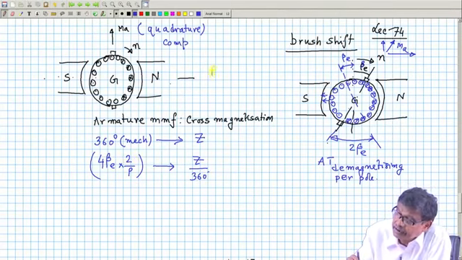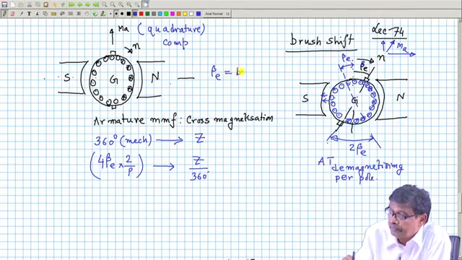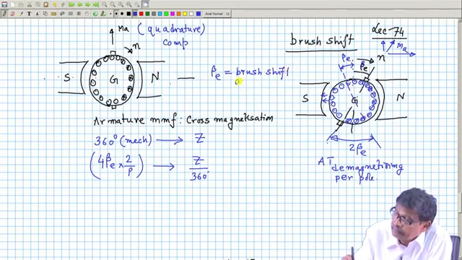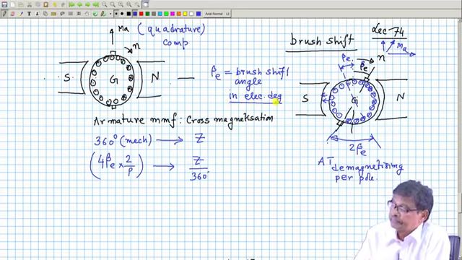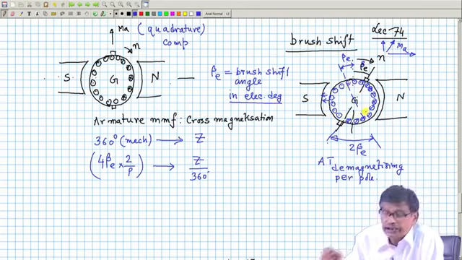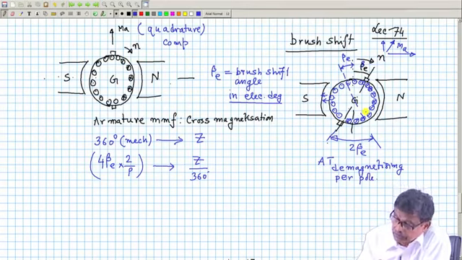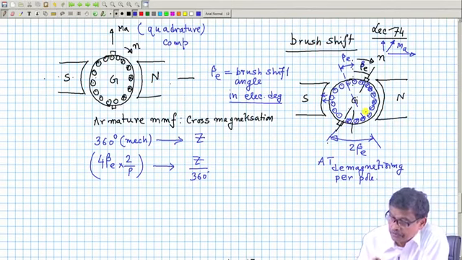So, beta E, let me write, beta E is the brush shift angle in electrical degree, because all angles I will show here electrical, you must understand. So, how many mechanical angles does it mean? It means 2 by P, P is the number of poles of the machine.